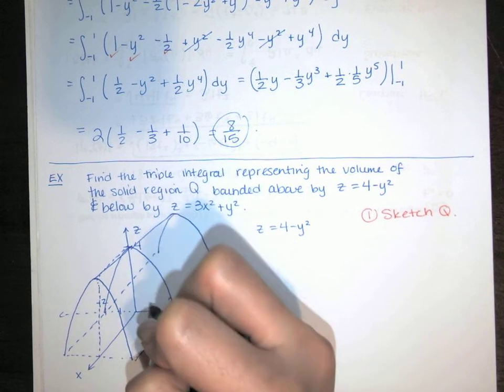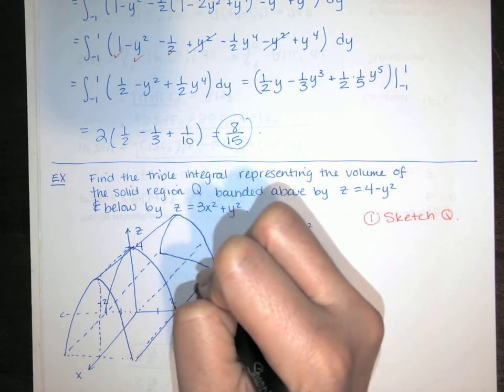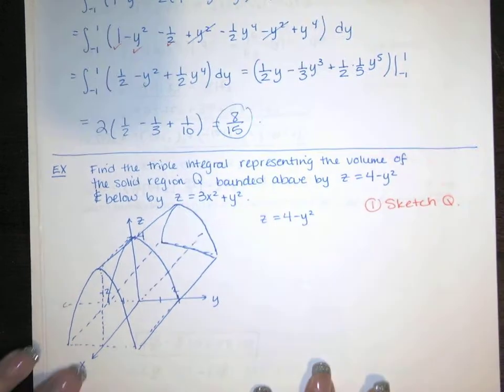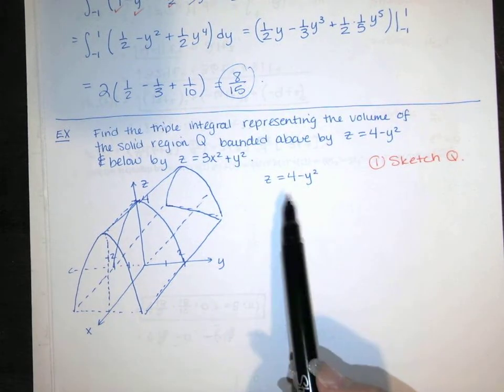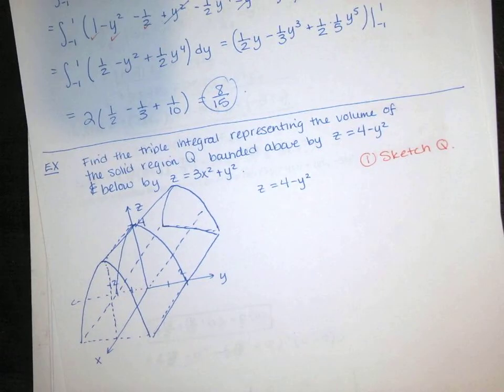Not doing a very good job with my picture. I hope you get the rough, it's a very rough picture. Oh, that's really bad. Very rough. Okay. Very, very rough. Okay, so that's vaguely this z equals 4 minus y squared. It's just another one of these.